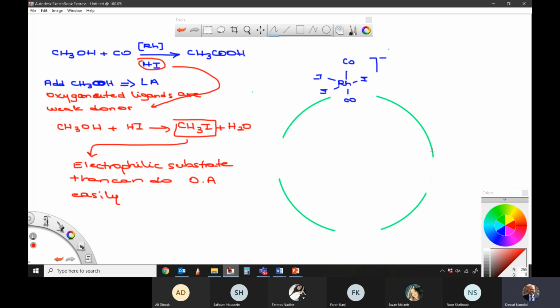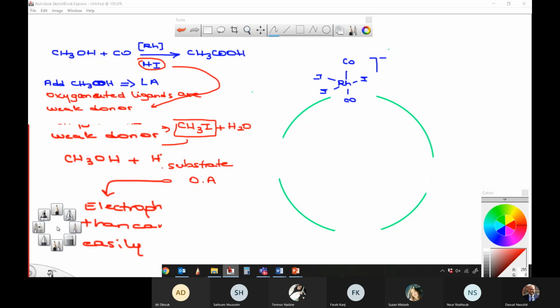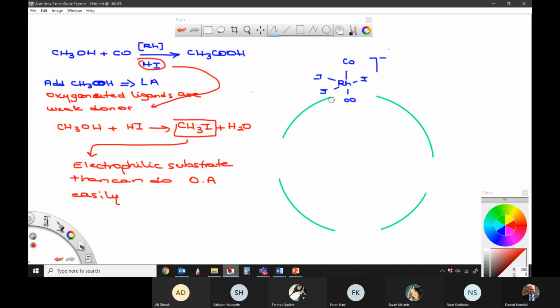So the first step, the catalyst is rhodium, ML3X. So what is the nature of the catalyst used?